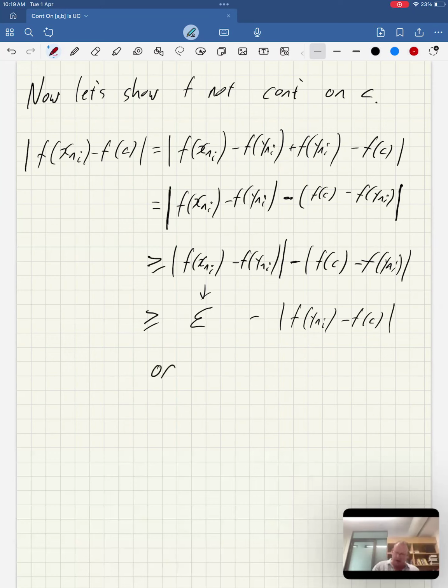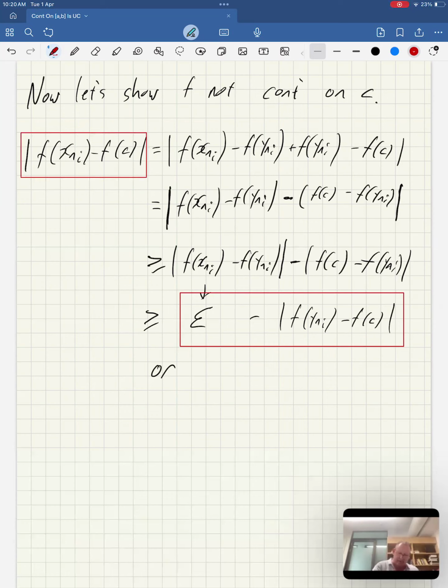Now if I take this side and this side, I can bring the absolute value to the left-hand side. So I'm going to write the absolute value of f(x_n_i) minus f(c) plus the absolute value of f(y_n_i) minus f(c), greater or equal than epsilon.